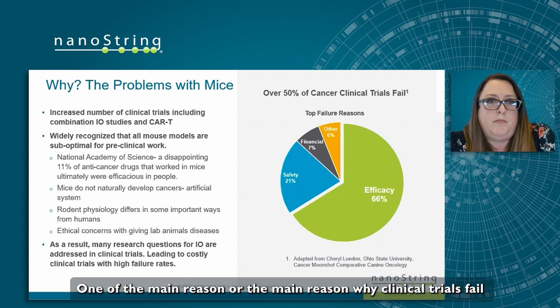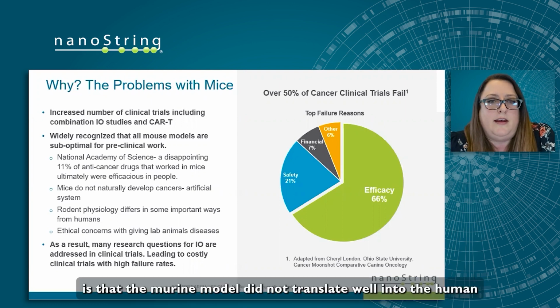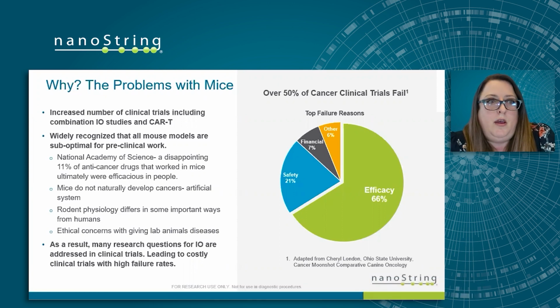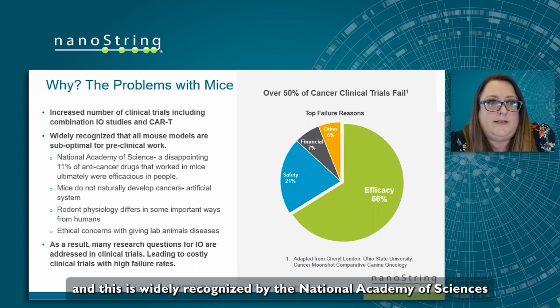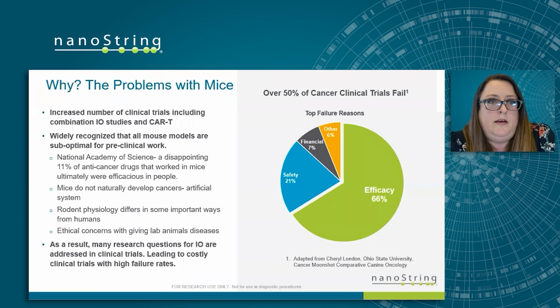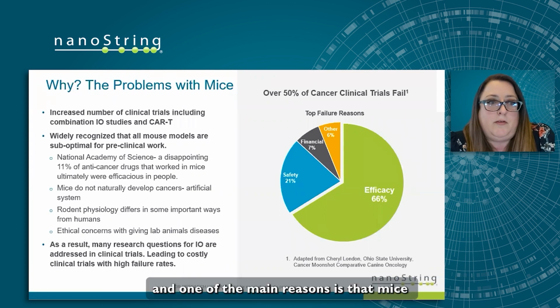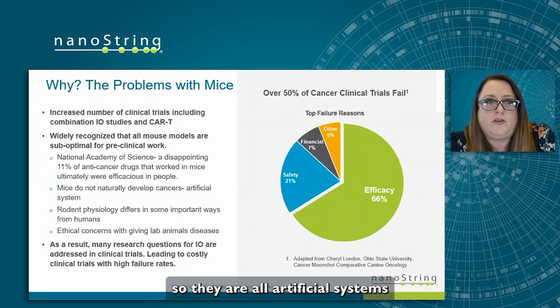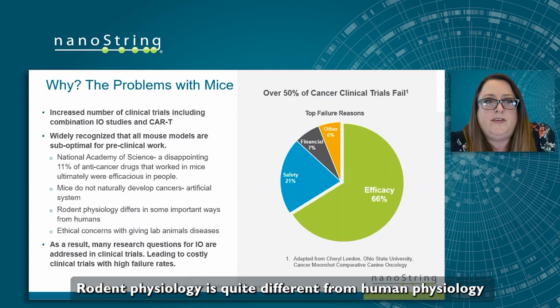One of the main reasons why clinical trials fail is that the model was not translated into humans. This is widely recognized by the National Academy of Sciences. And one of the main reasons is that mice don't naturally develop cancer, so they're all artificial systems, and rodent physiology is quite different than human physiology.